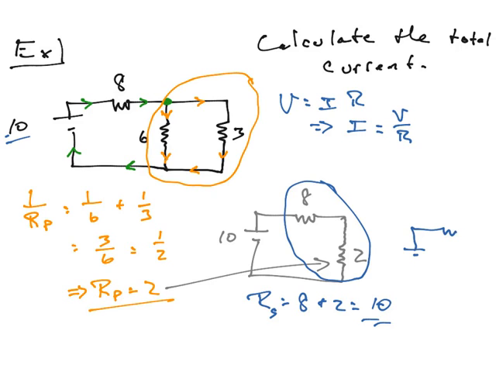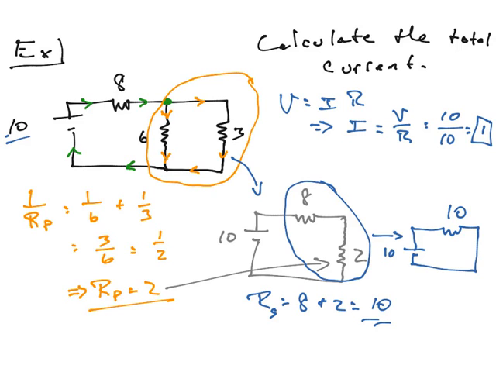So now what do I have? A single resistor whose resistance is 10. So I went from this guy to this guy, and then from him, I went to him. And now I have the easiest circuit of all, one voltage source with one total resistor, and now I can calculate my I. I is V over R, V was 10, my total R I just calculated is 10, so the answer is 1.